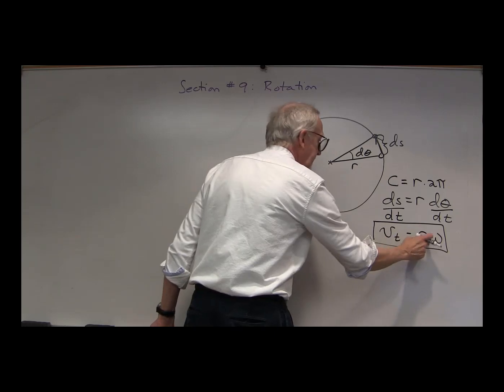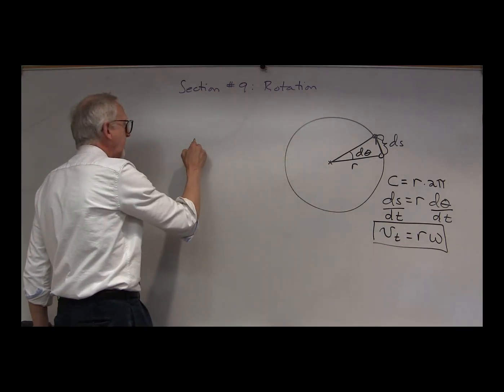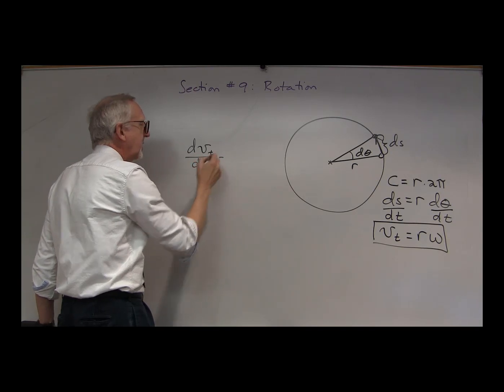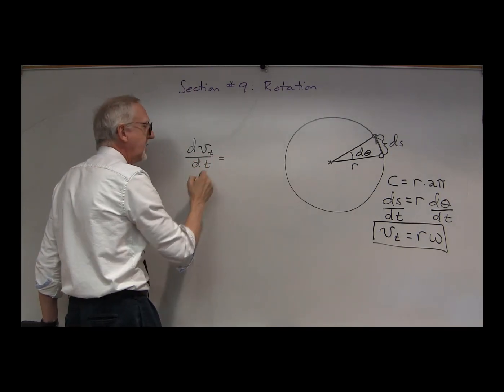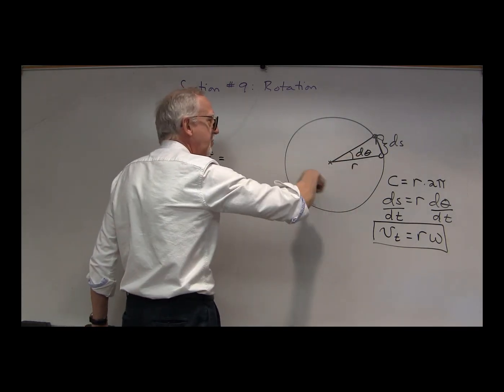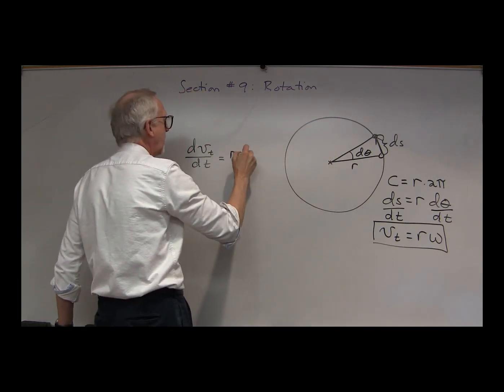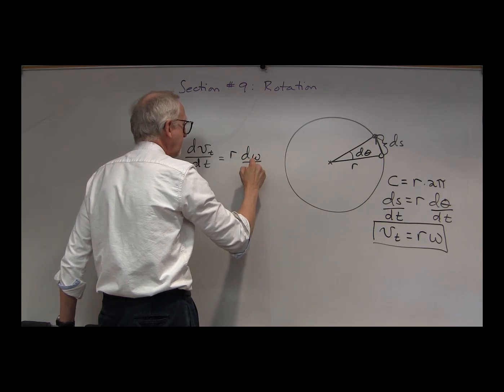If we differentiate both sides of this, what do we get? We get d v t dt equals, assuming r remains constant, so r is not changing as it's going around the circle, r d omega dt.